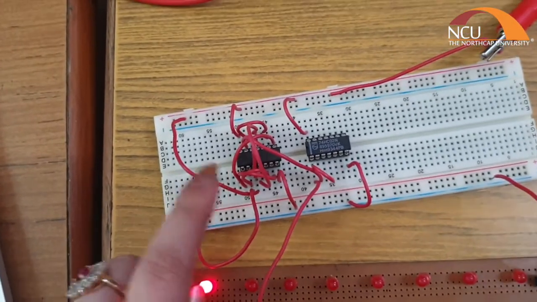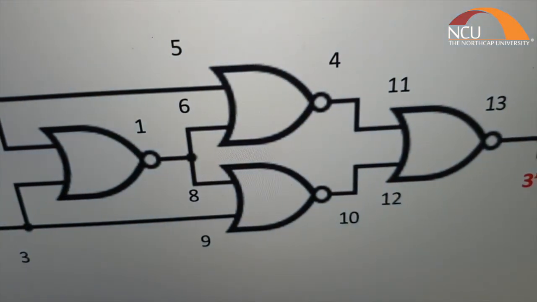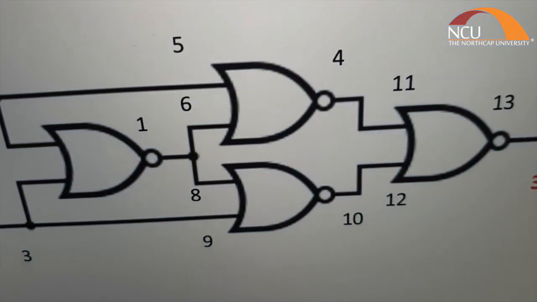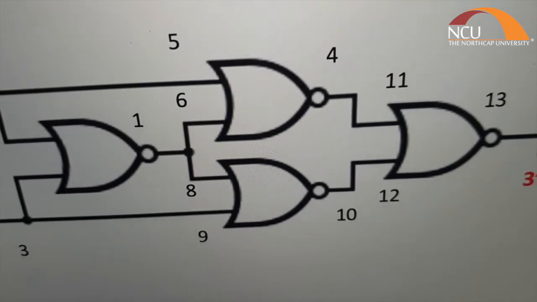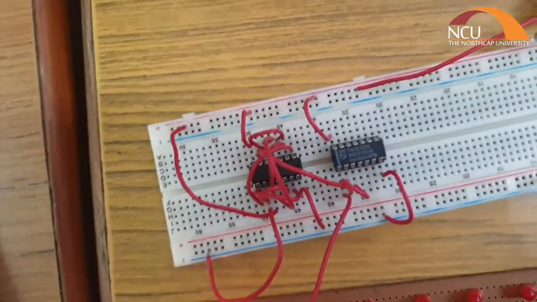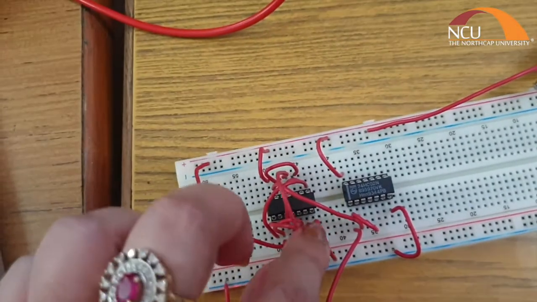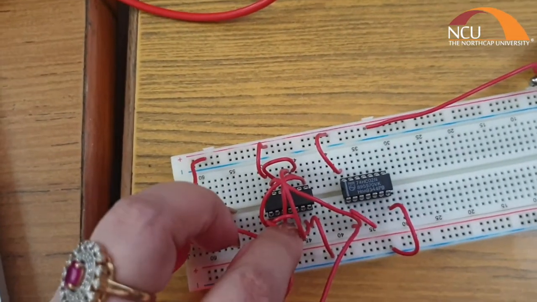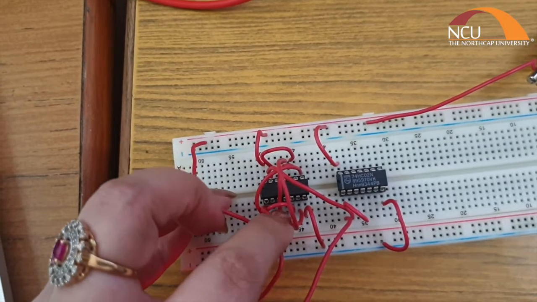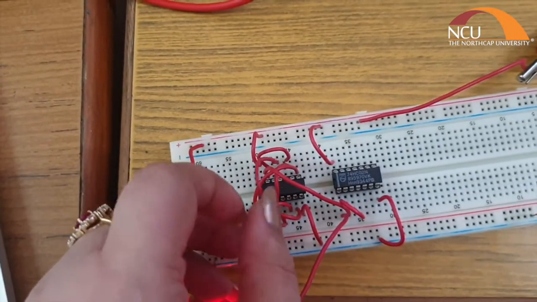Now we can see the second connection over here: 5 and 6 input will be given to the second NOR gate, and 8 and 9 input to the third NOR gate. You can see over here that this is pin number 6, the input to this particular gate, and finally we are getting the output 4 here.